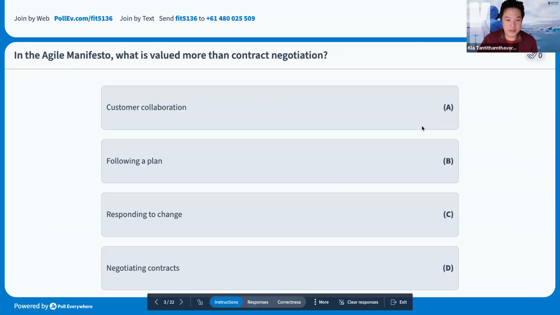All right. Next. In the Agile Manifesto, what is valued more than contract negotiation? Go for it.